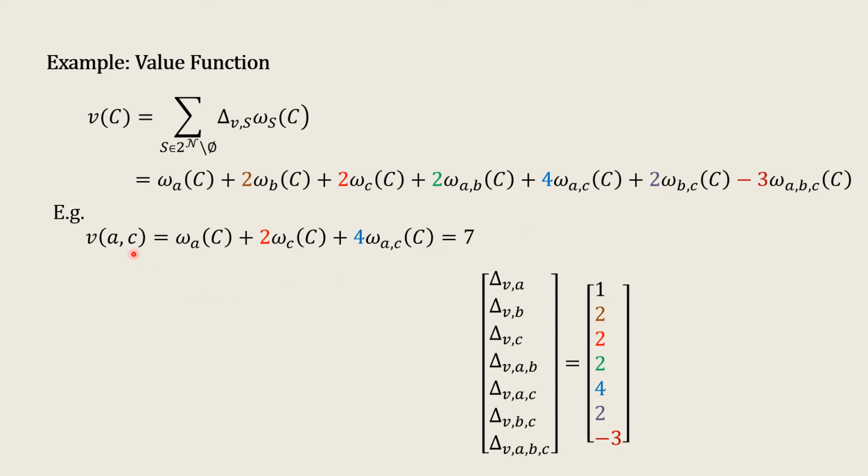BC is not contained in AC, so I'll drop this term here, and omega ABC is not contained in AC, so I'll drop this third term here, whence this is what I get. And this 7 here is actually the value of the coalition AC that I had defined earlier.